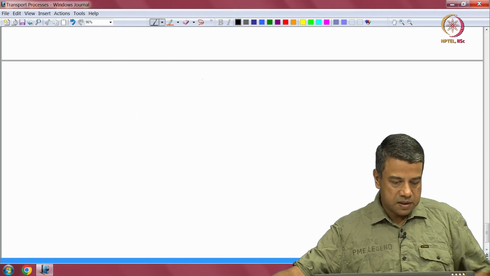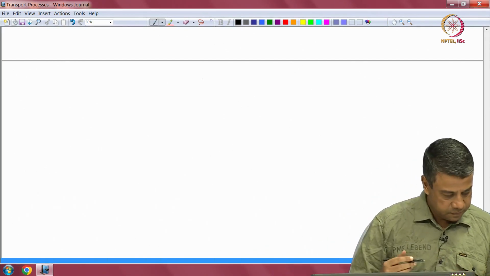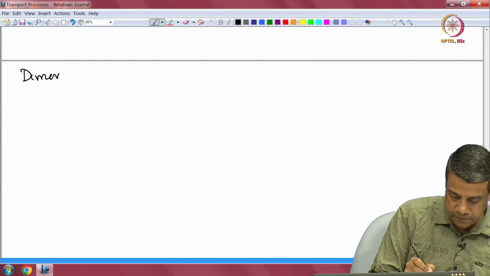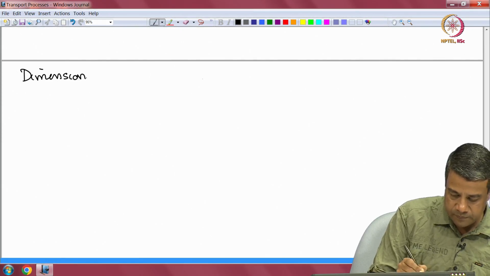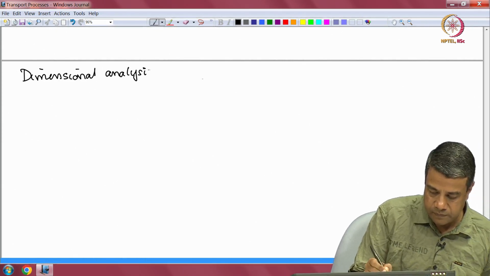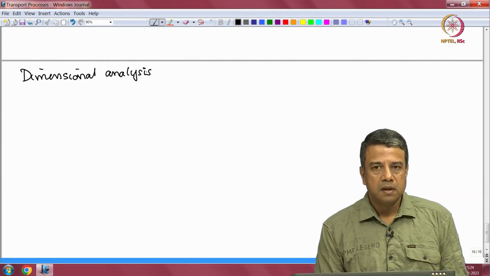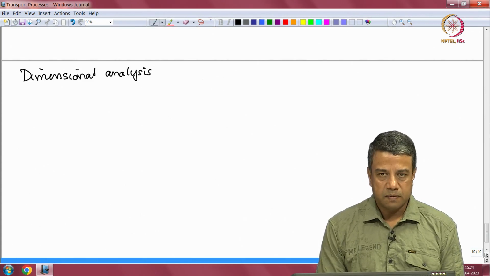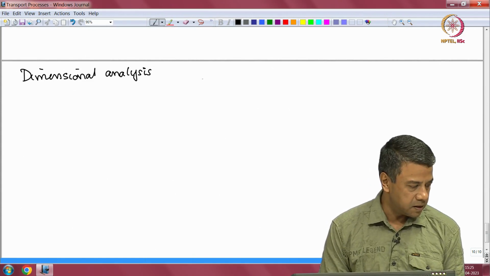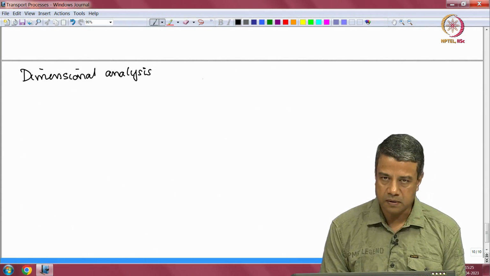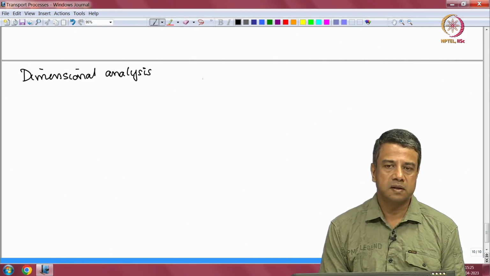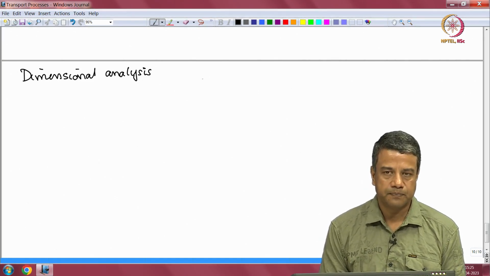So, now we will start dimensional analysis. When we are solving any problem, the objective is to determine some unknown quantity. I will call that the dependent quantity in terms of some other known quantities which are called the independent quantities.